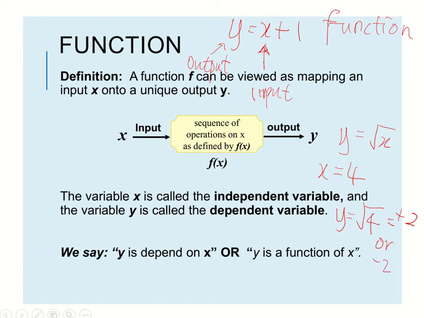So you can see, we have only one input, x is 4, but we get two outputs. Is the output unique? No, because we have two outputs, and two outputs is not considered a unique output. Therefore, this one is not a function.